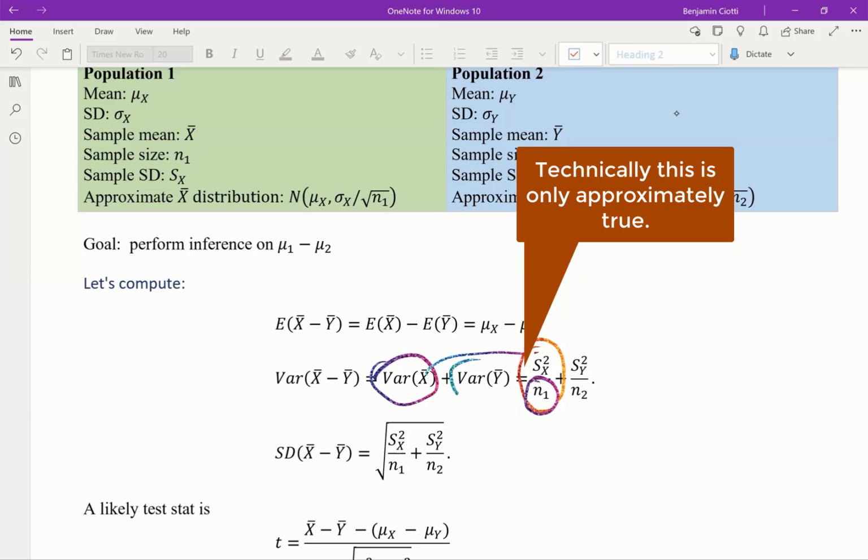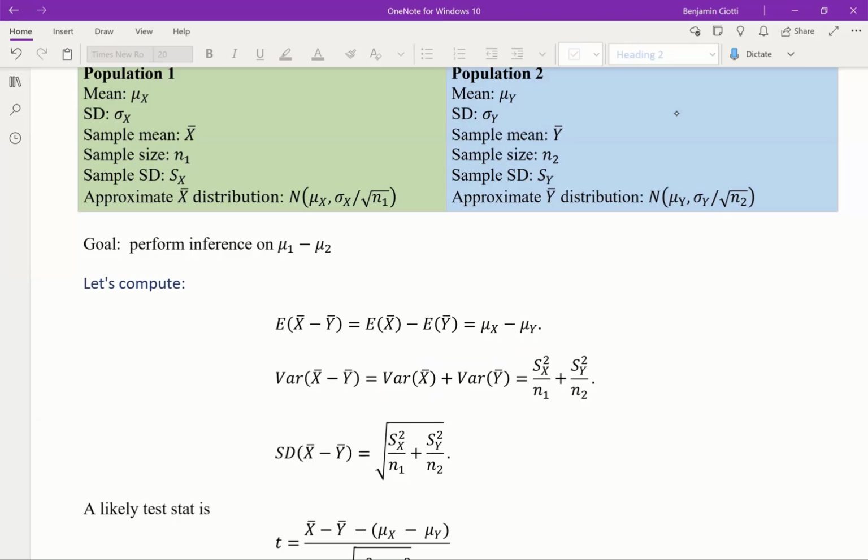So that's how we get that term, and similarly, that's how this one becomes that one. Taking the square root, we get the standard deviation of the difference in the sample means to be the square root of the standard deviation of the first sample squared over the first sample size plus the standard deviation of the second sample squared over the second sample size.